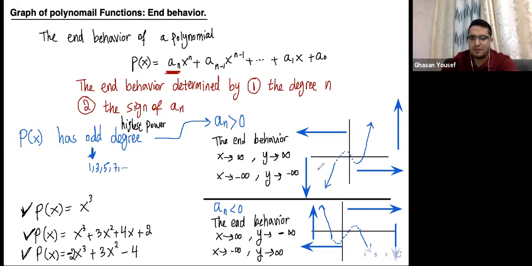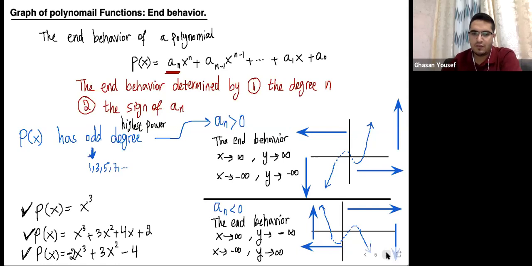We can find the end behavior for all these functions. The degree for all these functions is 3, and we can determine the end behavior by going back to a of n, the leading coefficient.